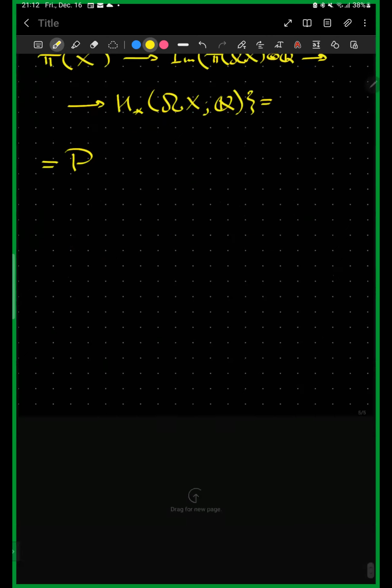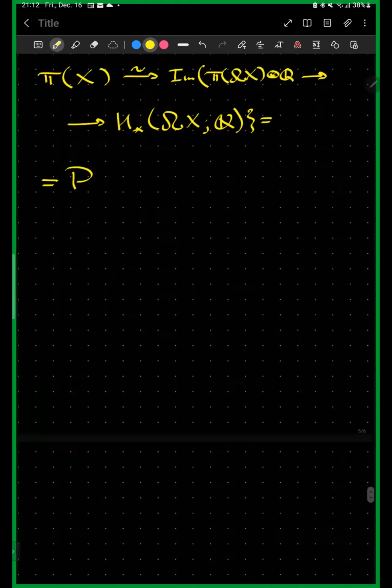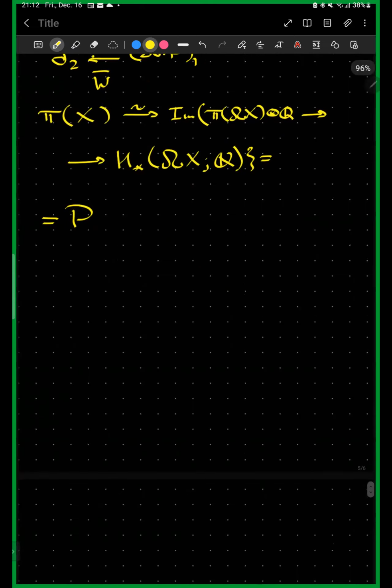And this thing here coincides with the Lie algebra of primitive elements inside this algebra.